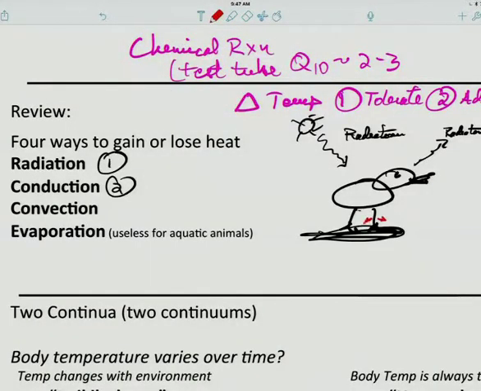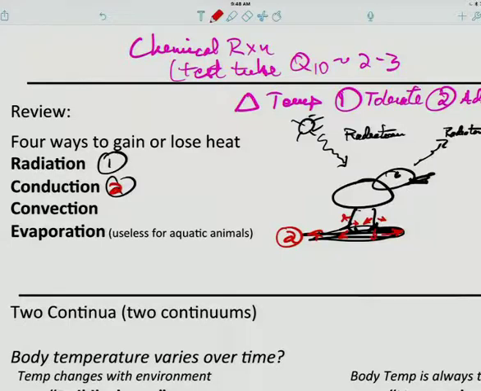2, conduction. The molecules in this bird's feet are bouncing around. That can speed up the molecules in whatever physically solid object it's touching. That's conduction. Or just something else that's touching it, even air or water. In completely still air or water, you're losing heat by conduction.